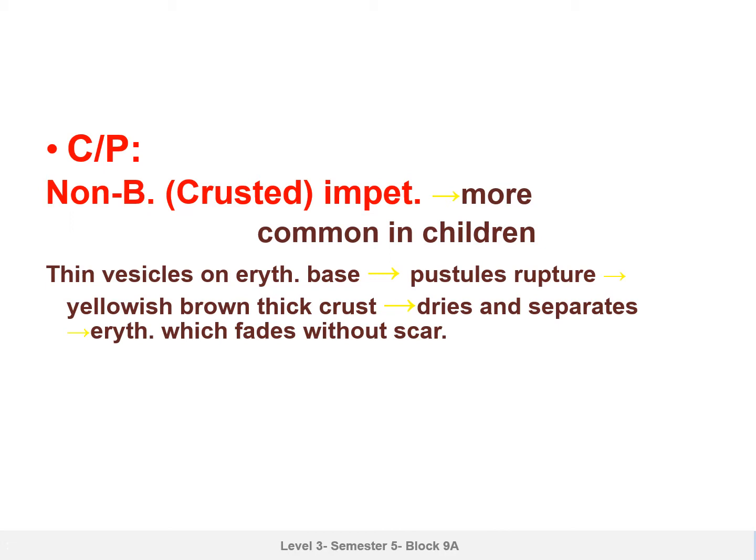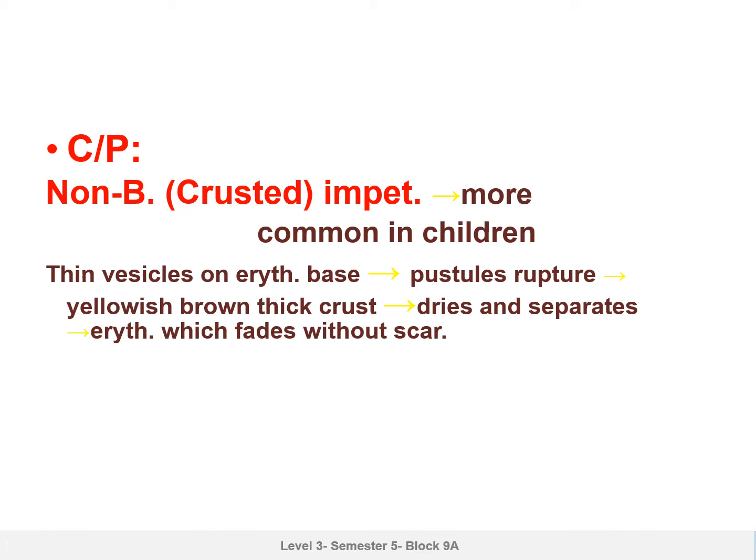In this slide, you must know the definitions of vesicle, pustule, and crustation. A vesicle is a primary lesion defined as a localized collection of fluid in the skin which has a diameter less than 0.5 mm. A pustule is defined as a localized collection of pus.